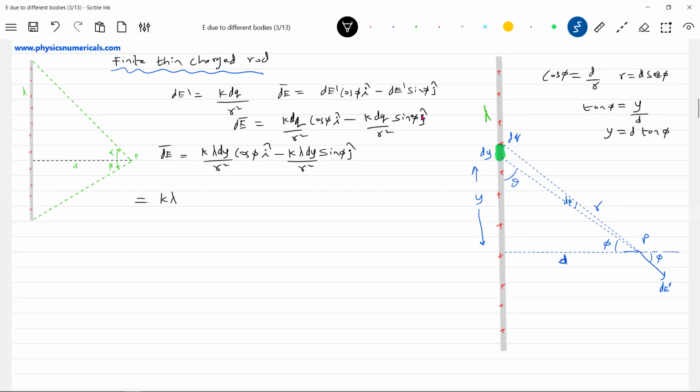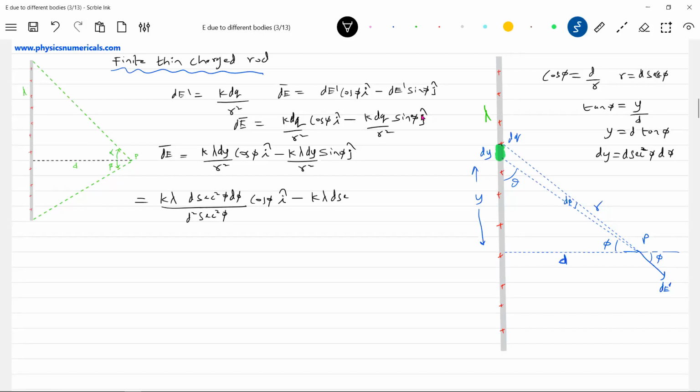K lambda dy will be... dy is needed. So dy is equal to d secant square phi d phi. R square will be d square secant square phi. This is cos phi I cap.